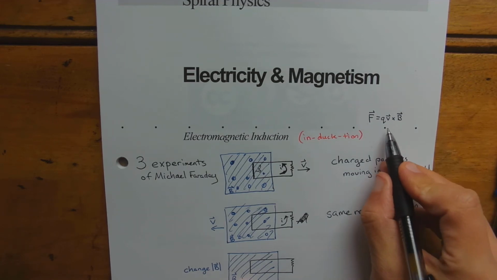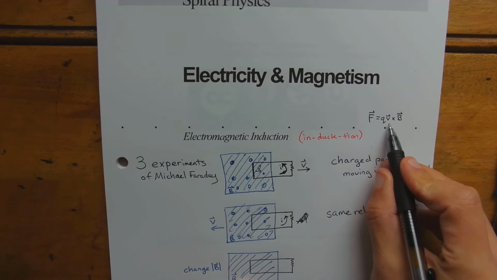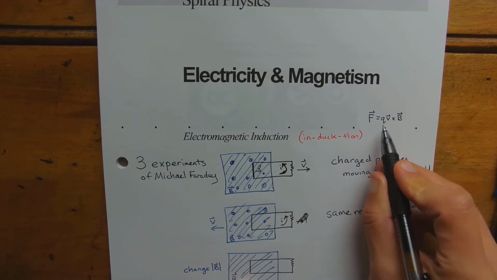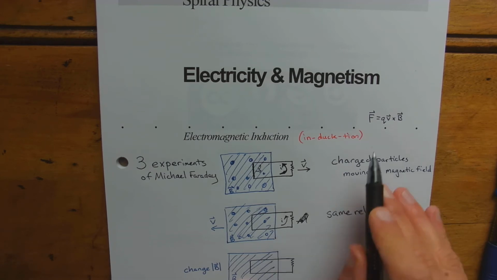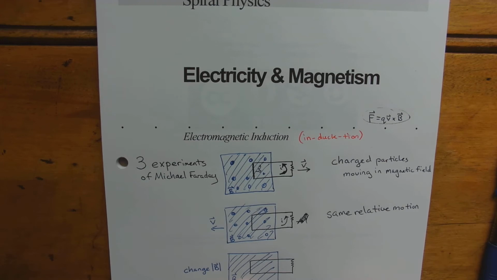However, the equation that we had here was only good for when the velocity of the particles was not 0. If the velocity of the particles is 0, then this equation says that the magnetic force acting on the particles is equal to 0. But something is causing the charges to move in the wire, and this equation says it can't be the magnetic force because the particles are actually at rest. Therefore, we must conclude that there is another force acting on the charged particles.